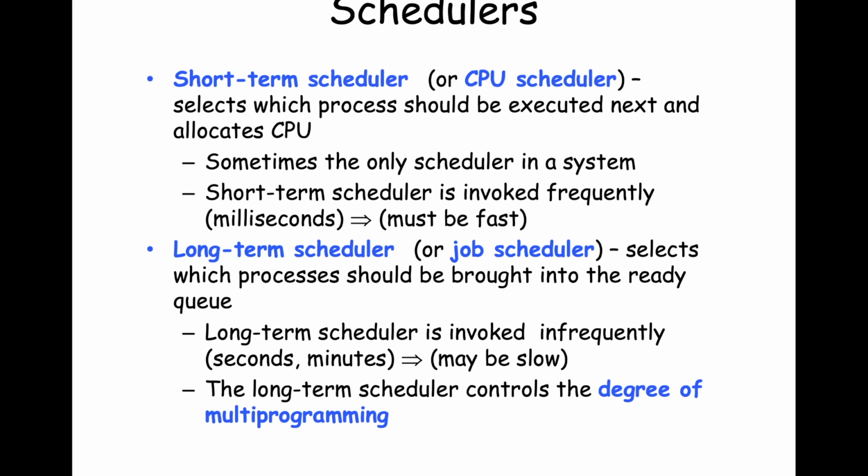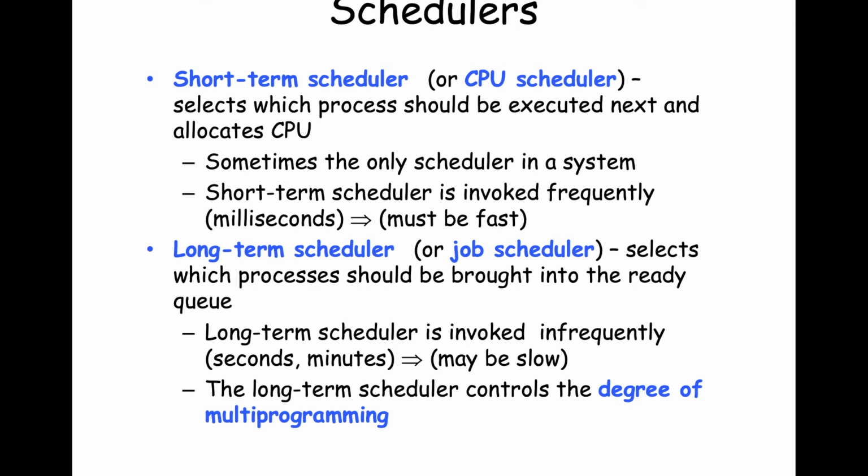So if you had 100 processes and maybe only 20 or 30 of them are on the ready queue, what this long-term scheduler does is say, okay, I'm going to increase further beyond 30 the number of processes that can contend for the CPU.